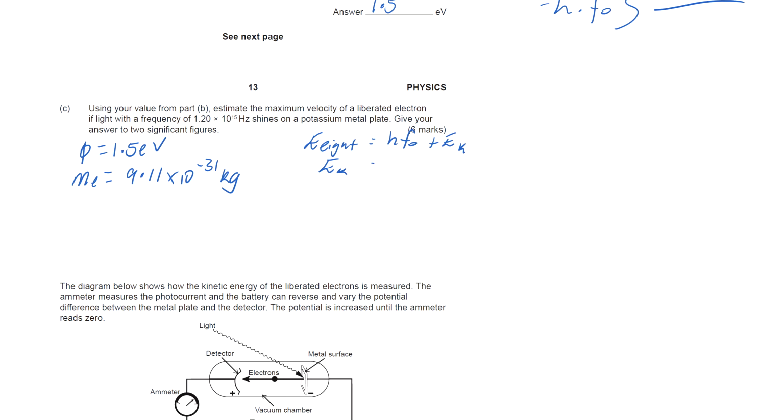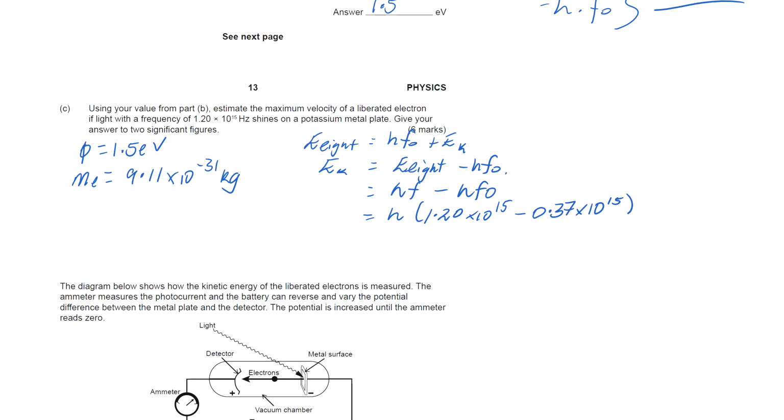Therefore, EK is equal to E light take away hf0, and let's write this out so that we end up with minimal calculations. So I've got h and then I've got f of the light, which is 1.2 by 10 to the 15, take away f0, which we've got from part A. And we know h is 6.63 by 10 to the -34.